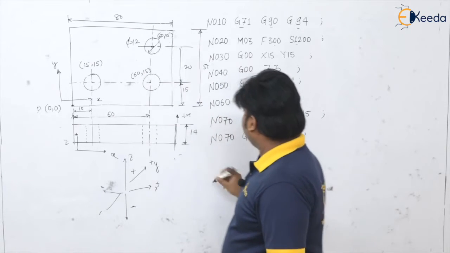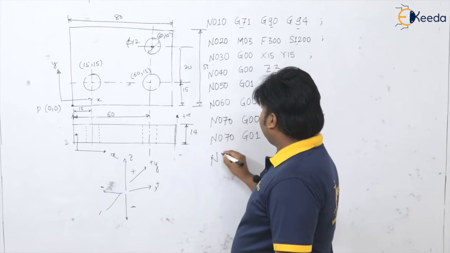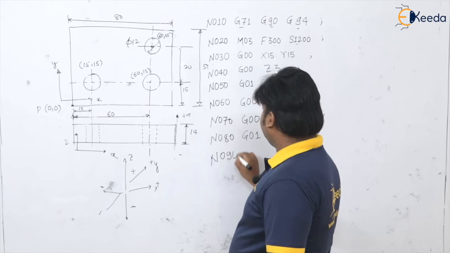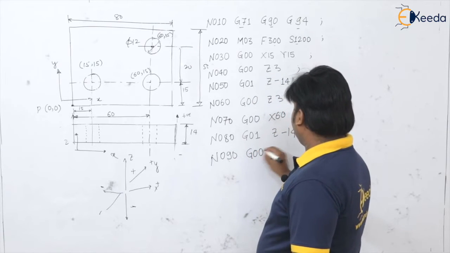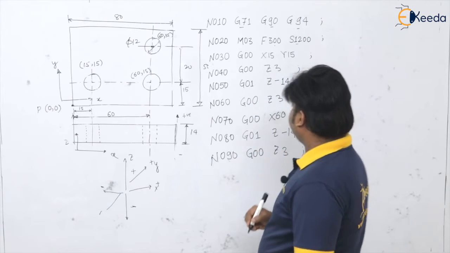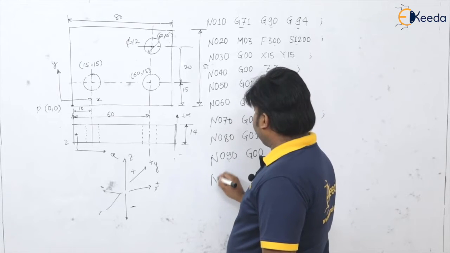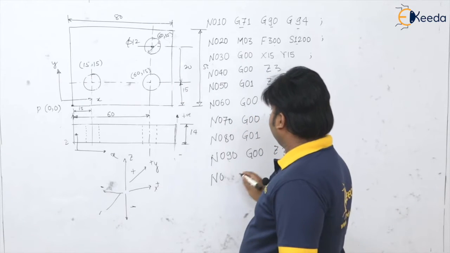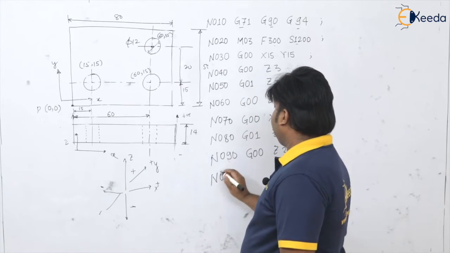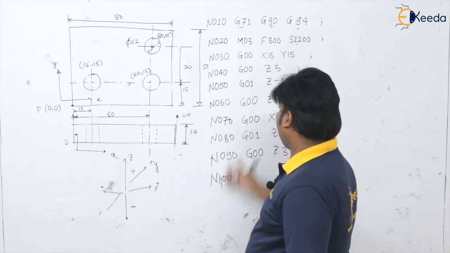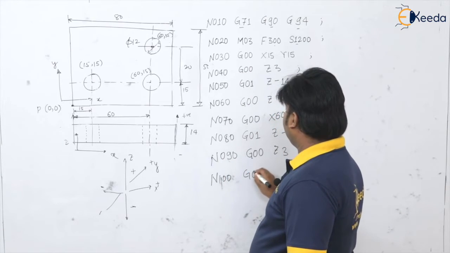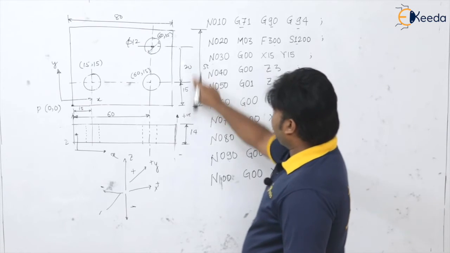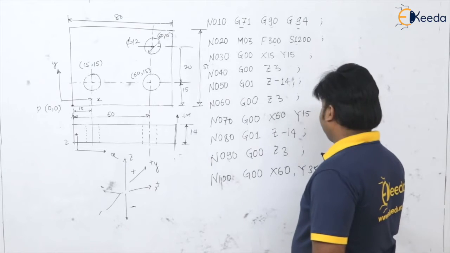You have the second drill. Now come fast again to Z3. That is N080, and now it will be block number 90, G00, Z3 mm. Now from here go to the next drill, at point 60, 35. So the 10th block I am writing: G00, X60 and Y how much? 20 plus 15, 35.